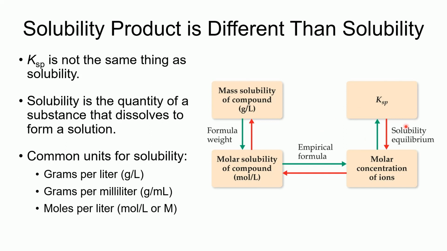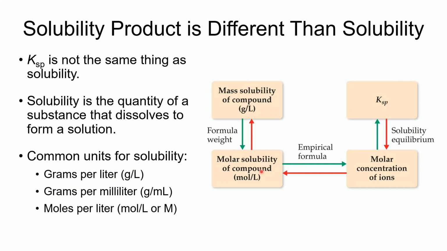If you have KSP, you can get the molar concentrations of the ions using a concentration table, which I'm going to show you how to do here in just a couple of minutes. And the molar solubility, here's the cool thing. When we do the ICE table and we solve for X, X is the molar solubility.